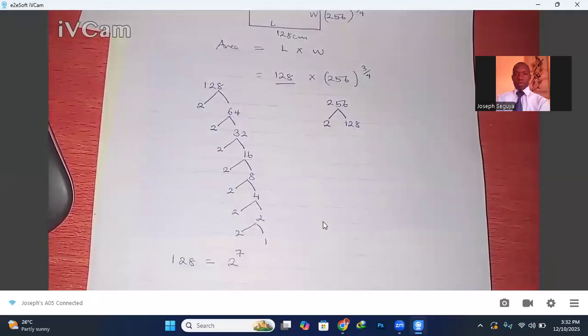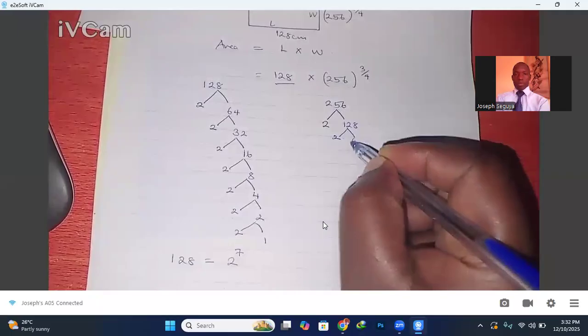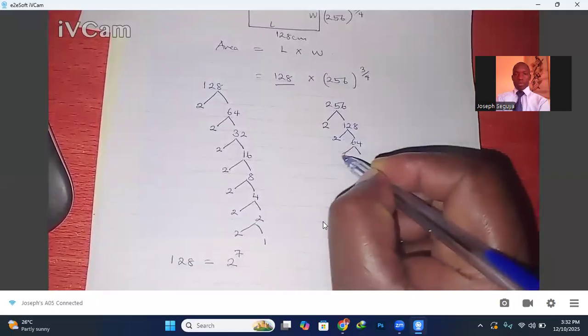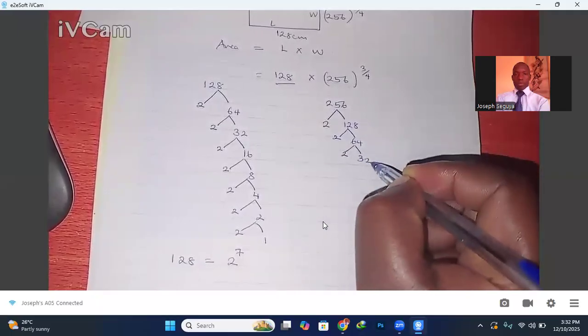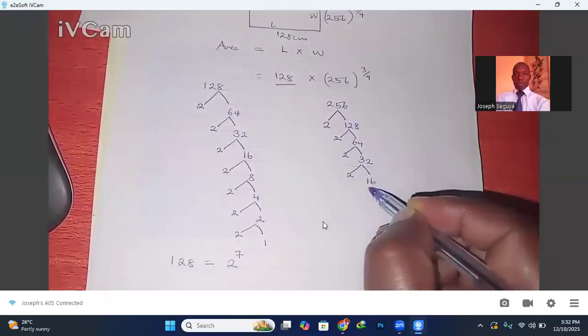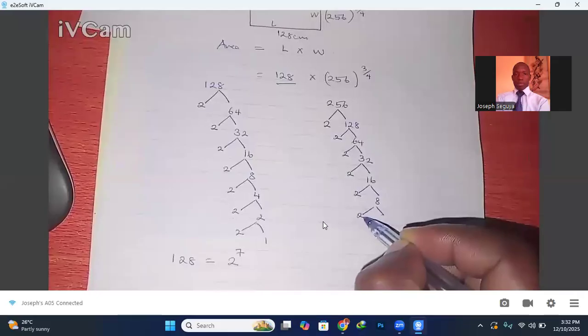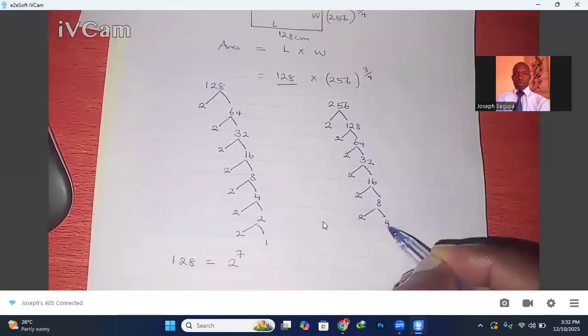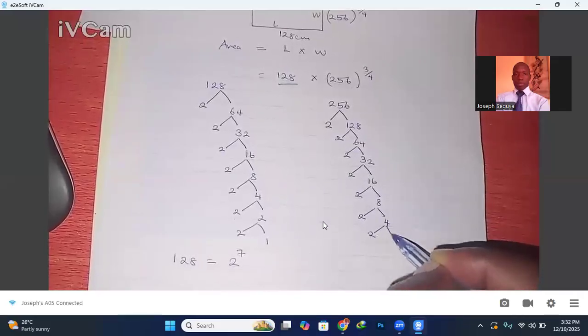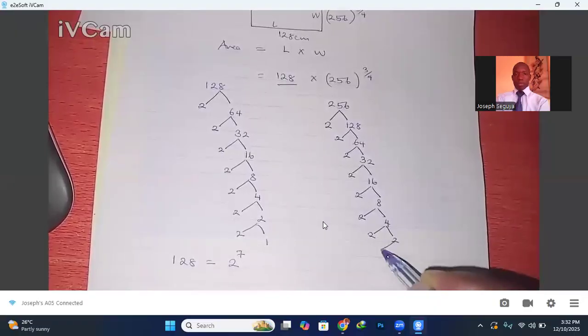So it's going to be very easy for us. So 128 divided by 2 is 64. 64 divided by 2 is 32. 32 divided by 2 is 16. 16 divided by 2 is 8. 8 divided by 2 is 4. 4 divided by 2 is 2. 2 divided by 2 is 1.